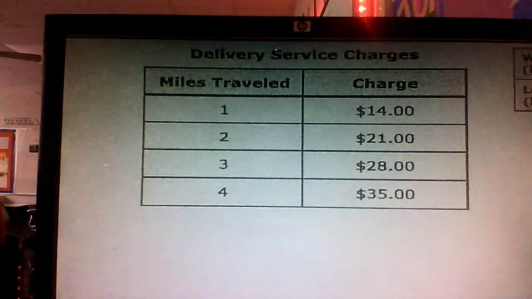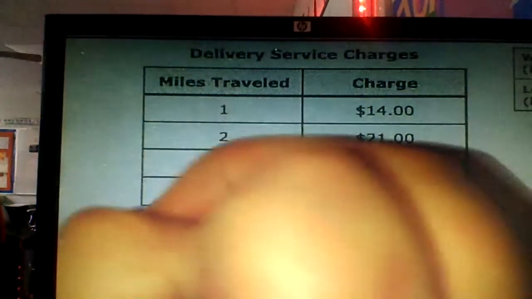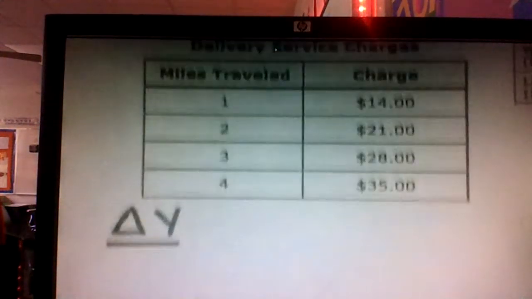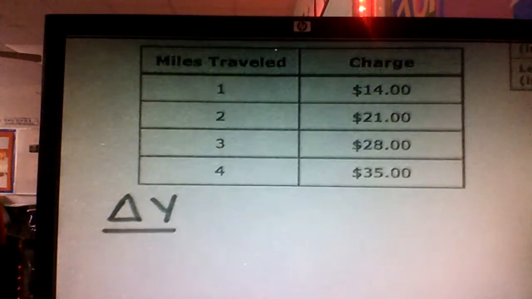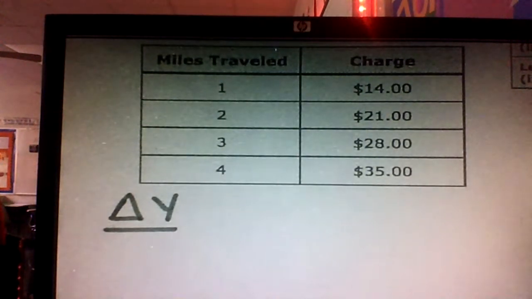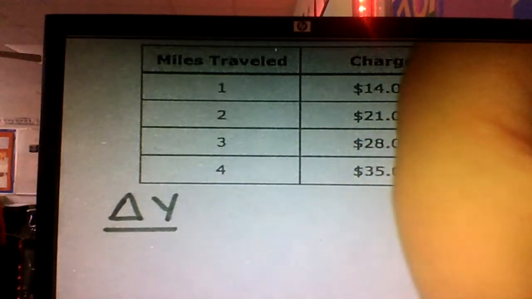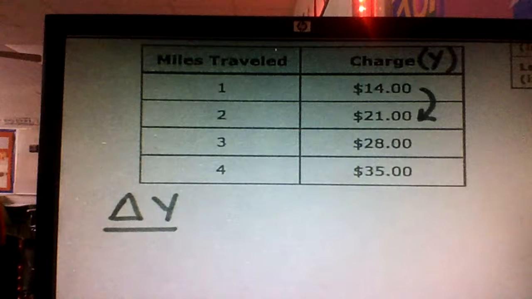Remember, to calculate slope on the top, I need to figure out how does the change happen in Y? So, Y starts us off at what in my table? 14. This is your Y. So what's happening if I'm going from 14 to 21?